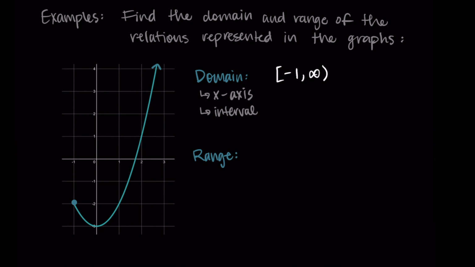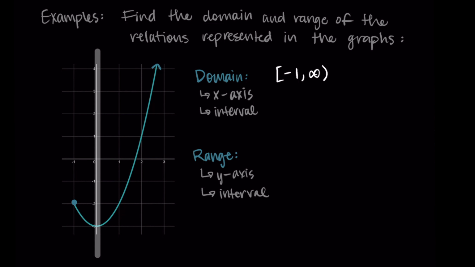Okay, let's repeat this with the range. Remember, the range is the y-axis, and our solution again will be an interval. So we're looking for y values that have points on the graph. So as we start from the bottom and work our way to the top, you'll see that the first values we're looking at aren't on the graph. But once we get to -3 on the y, suddenly we are starting to hit the graph.